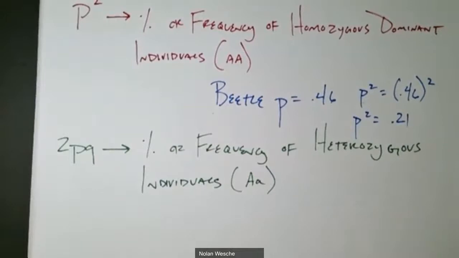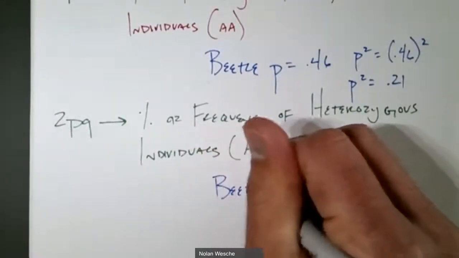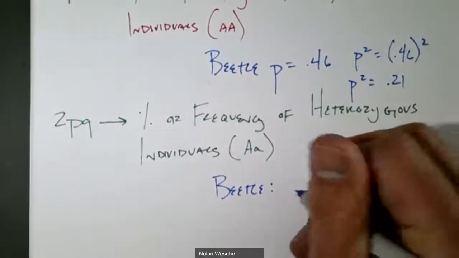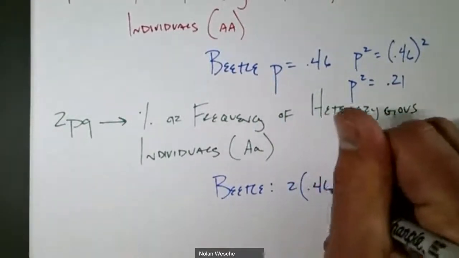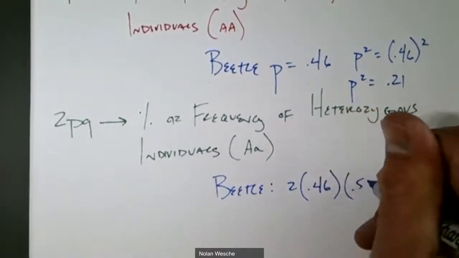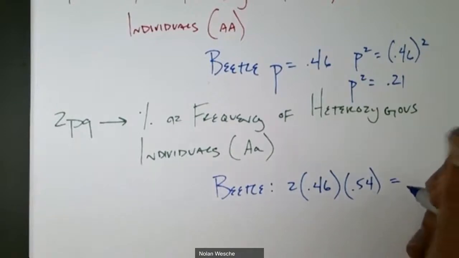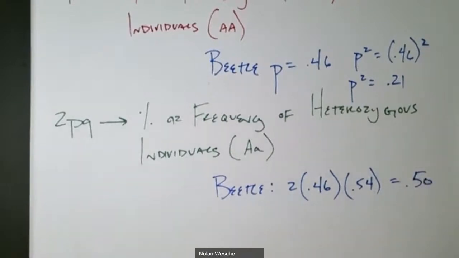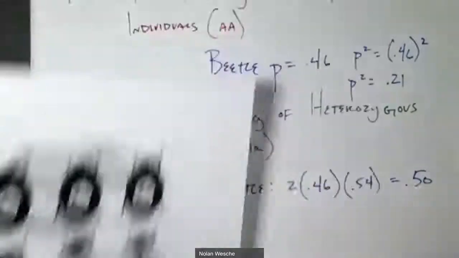So 2PQ. So let's go back to the beetles. I've got 2 times my p-value from above is 0.46. My q-value is 0.54 from above. So multiply that together, I get 0.50. 50% of my beetles are projected to be big A, little a.